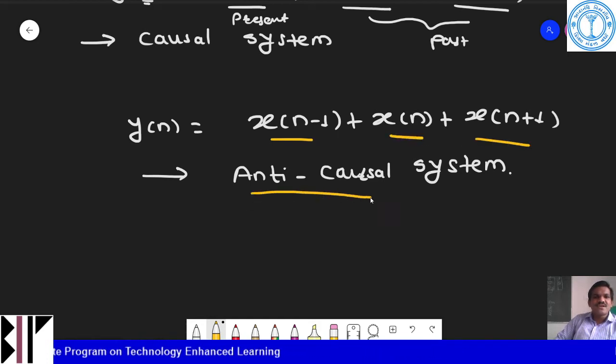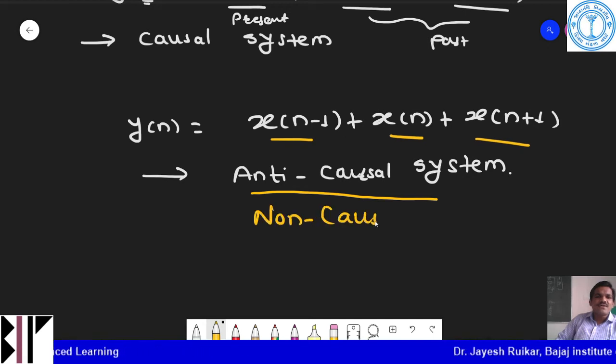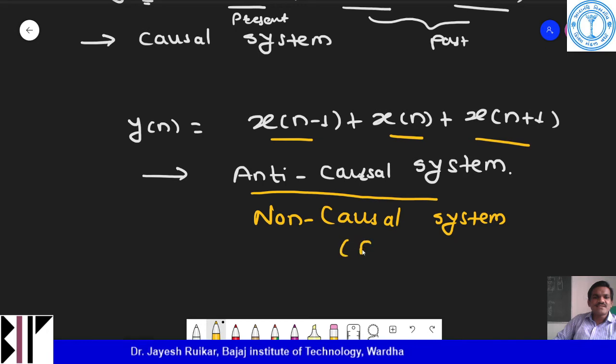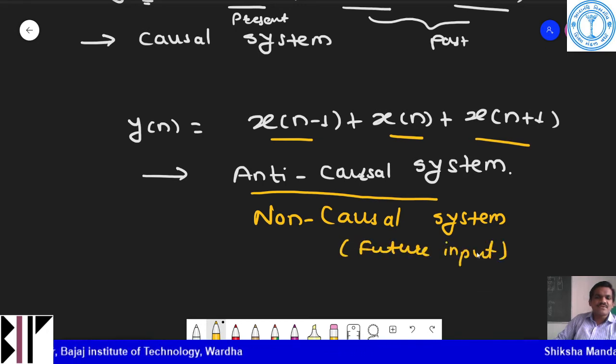So this is an anti-causal system, or non-causal system, because it requires a future input sample.